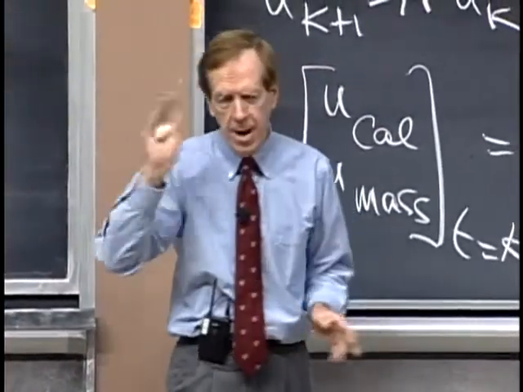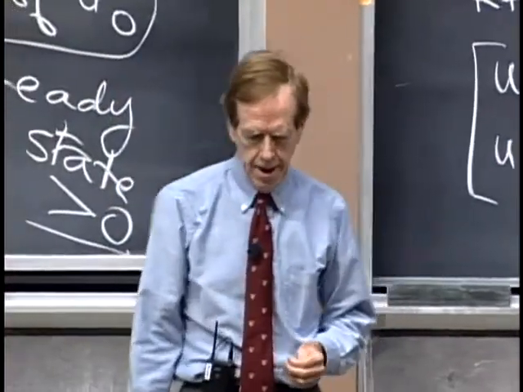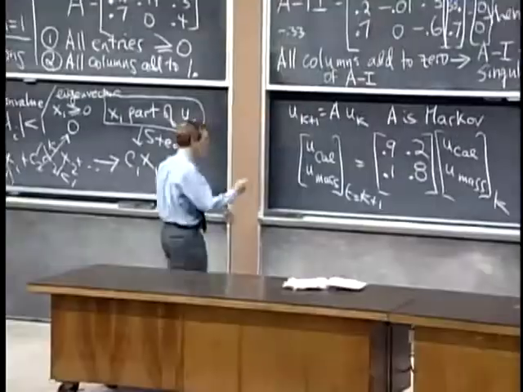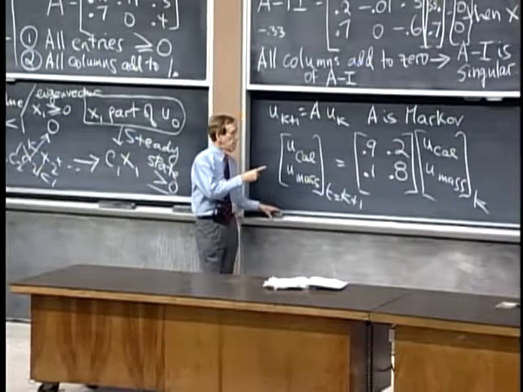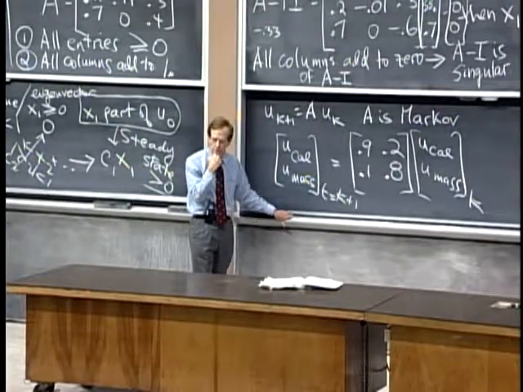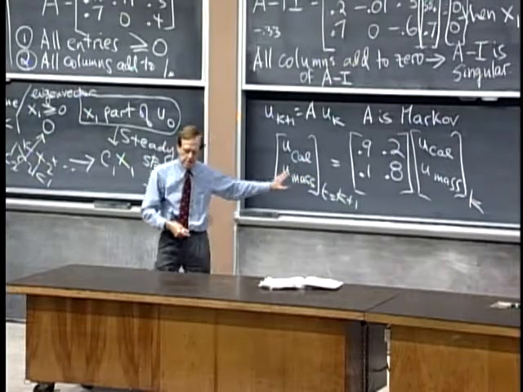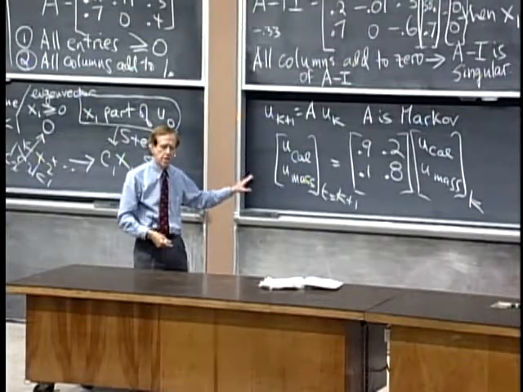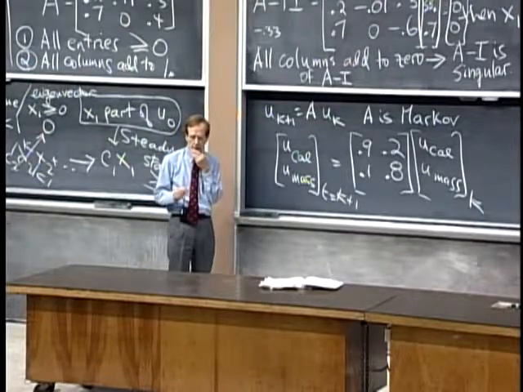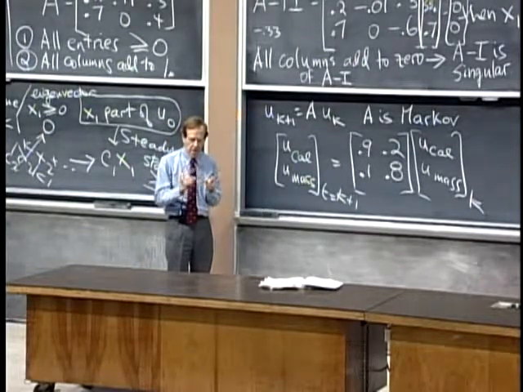And actually, where will they be way out a million years from now? I could take the powers of this matrix. In fact, you ought to be able to figure out what is the 100th power of that matrix. Why don't we do that? But let me follow the steady state.